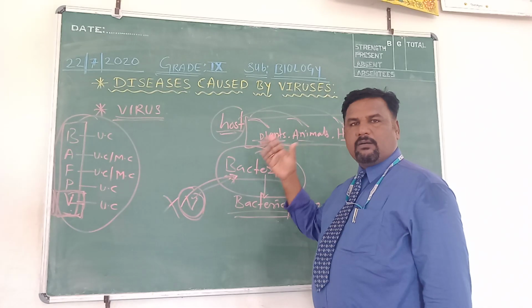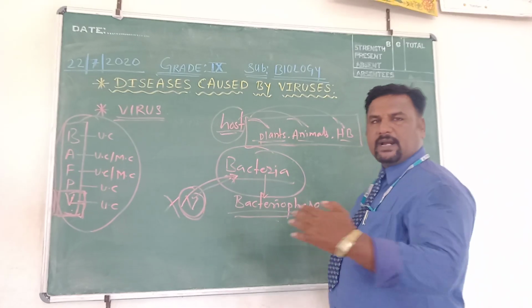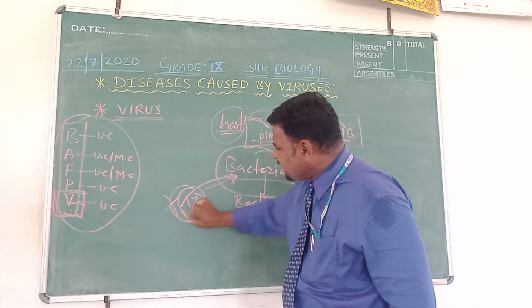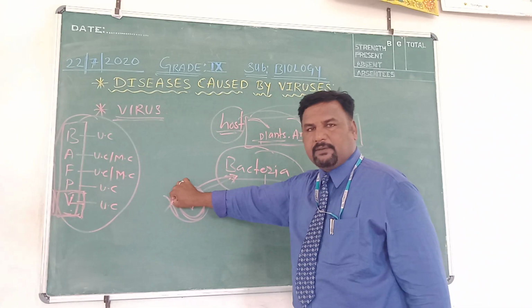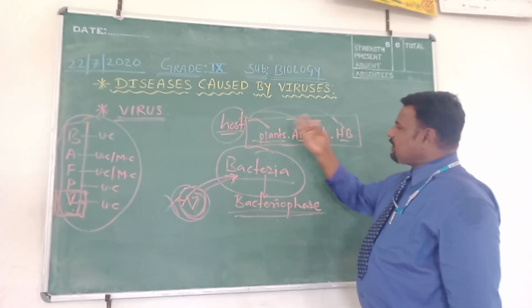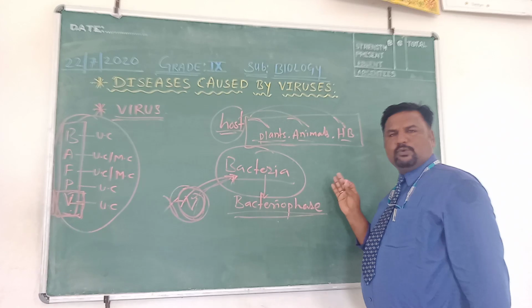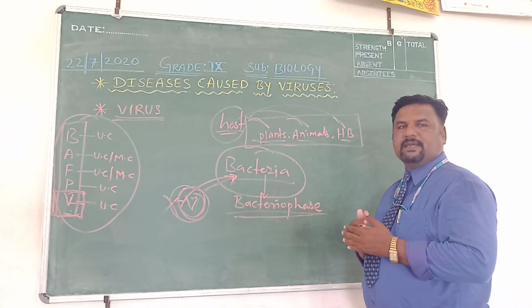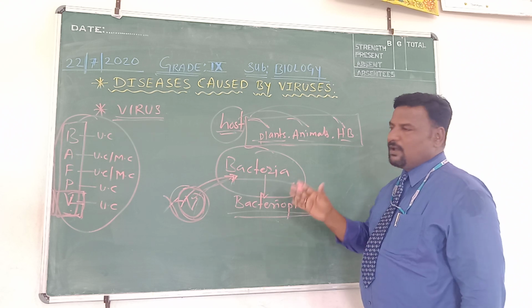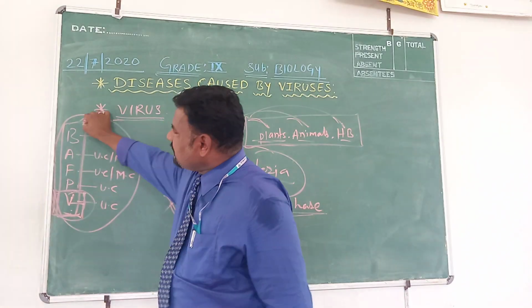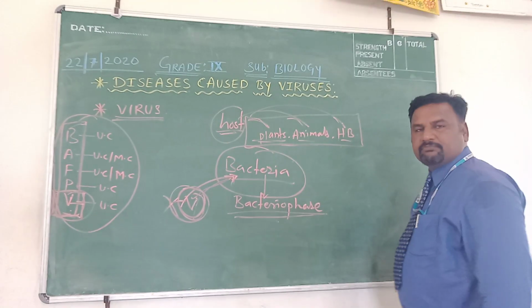So virus is considered the borderline between living and non-living. When living independently outside any host, it behaves as non-living. The moment it enters inside any living cell, whether bacterial, plant, animal or human cell, it immediately starts behaving as living. Therefore, virus is different from all the rest of the microorganisms.